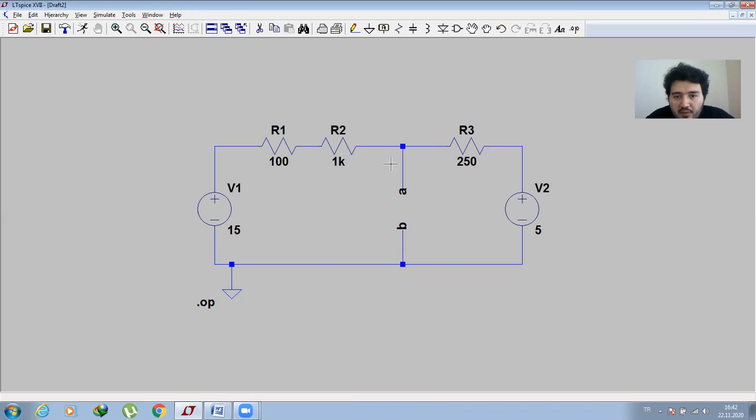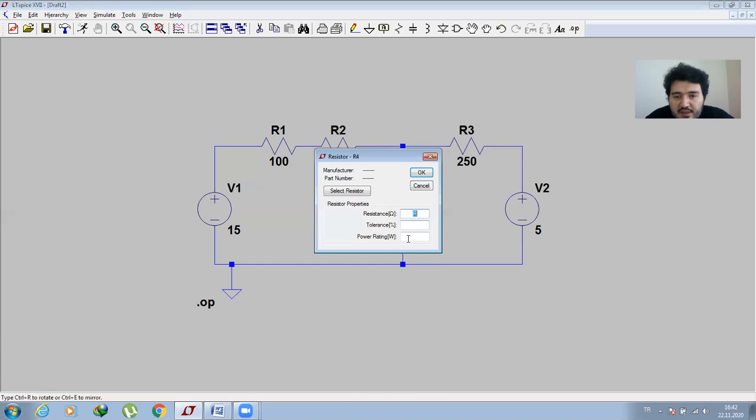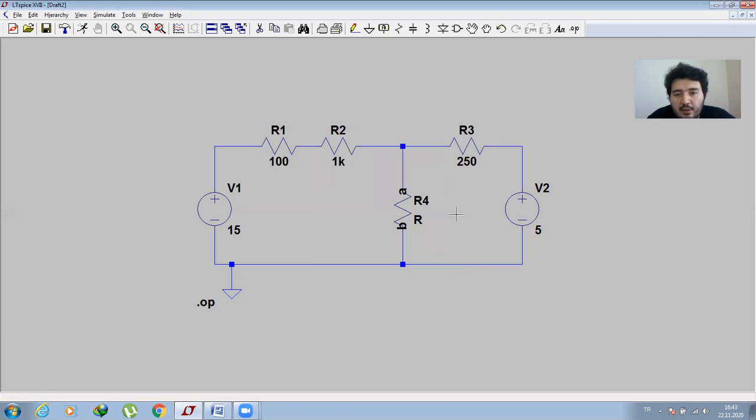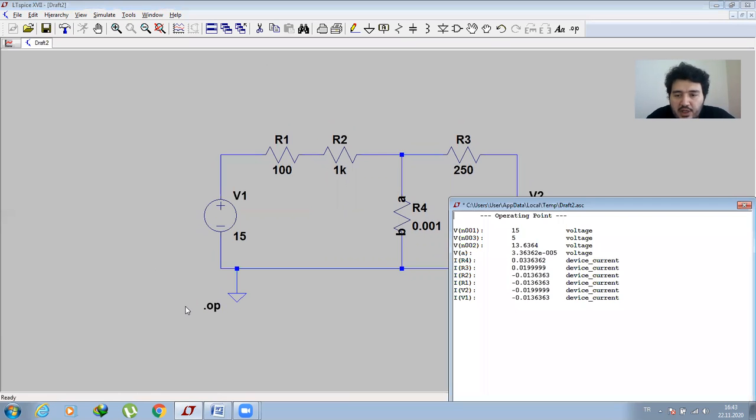I also want to measure the short circuit current between A and B. So I will take another resistor, and I'm putting it here, and I'm assigning a very small resistance, for example 1 milliohm, and OK. Again, I'm running the simulation.